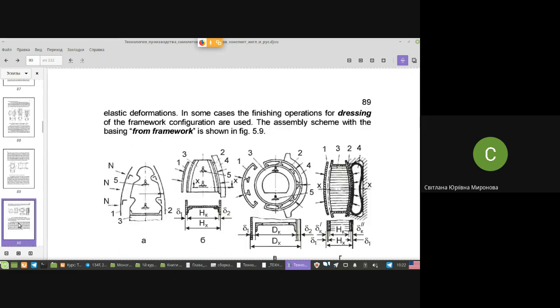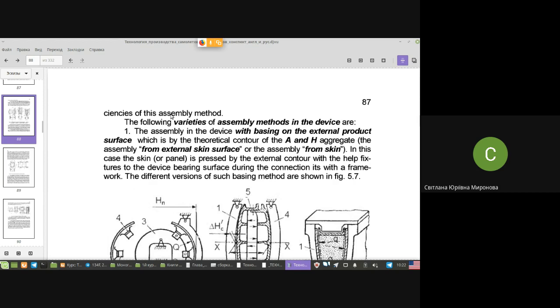Next, the third one is with locating to the surface of framework, as you might see, to the surface of airframe, or it may be called by airframe or just by frame. Well, by contour, once again, we have three methods. By skin or external surface, outer surface of skin.